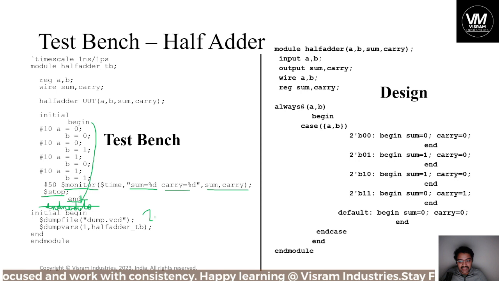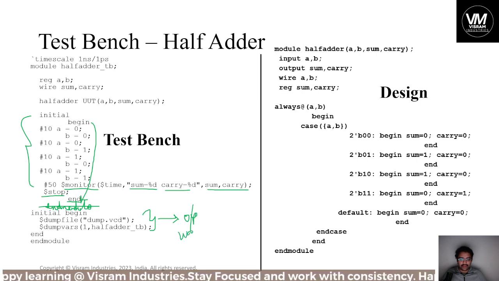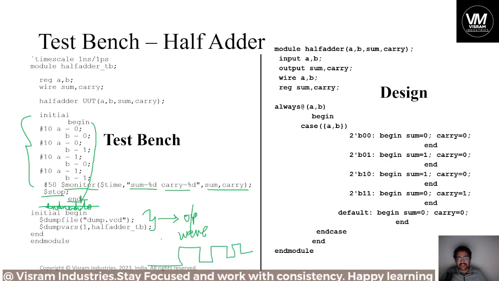But why did I write this initial block again? You already have an initial block. This is to get the output waveform. All the output waveforms will be seen in the EDA Playground, which requires this kind of syntax, or in any Linux terminal where you don't have any screen for testing, like an FPGA connected to a Linux machine.